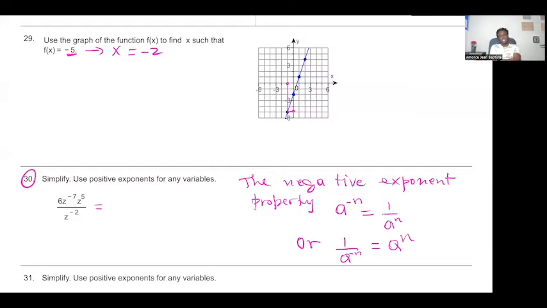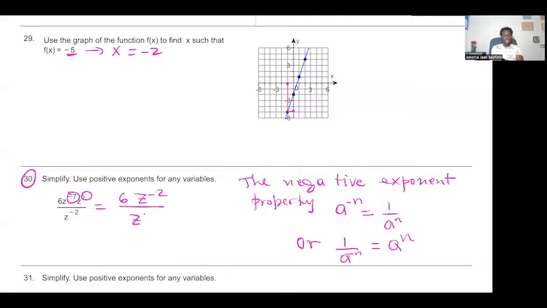We're going to try to simplify first in the numerator and denominator, then we will work with both of them together. So we're going to keep 6 and then z to the -7 plus 5 is -2, over z to the -2 power.